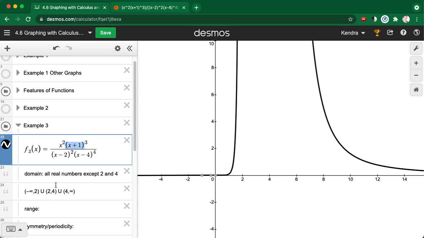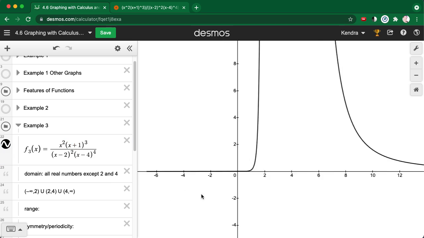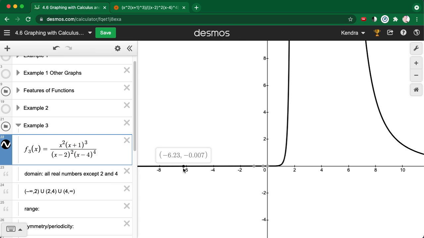I'm going to say this though. It looks like all real numbers greater than 0, and I just noticed this x equals -1 intercept, and it does look like the y values get negative.